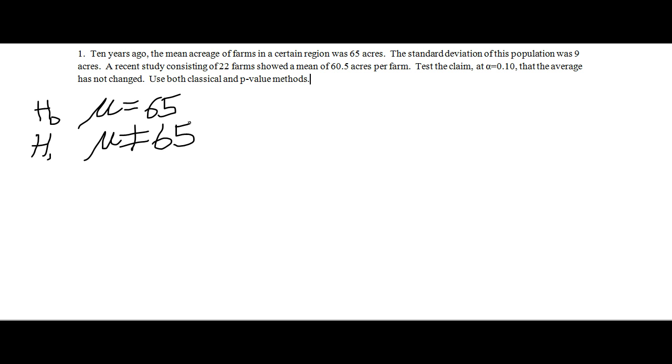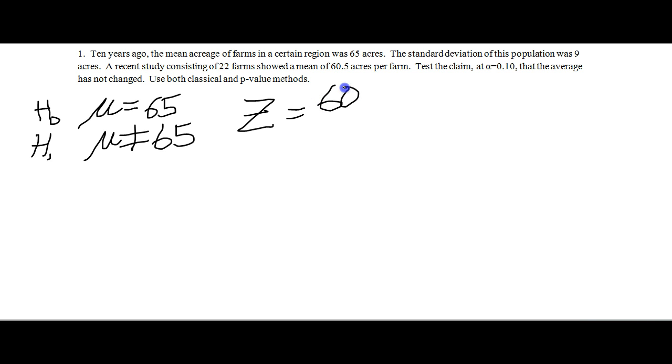In other words, 60.5 acres is lower than 65, so getting a lower value or an equivalent higher value. The first thing you need to do here is figure out the test value of 60.5. Now, it says the standard deviation of the population, so that tells us that we are looking for a z-score here.